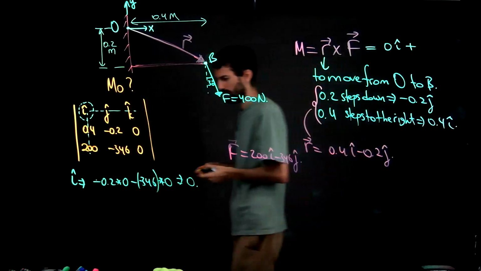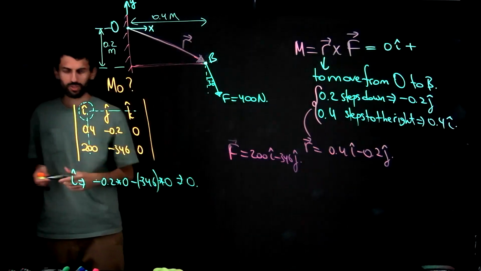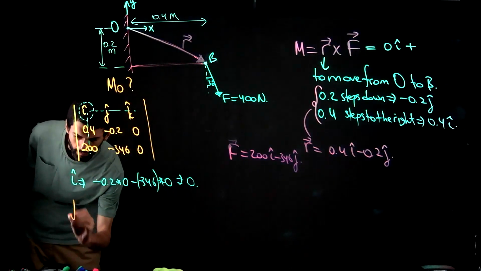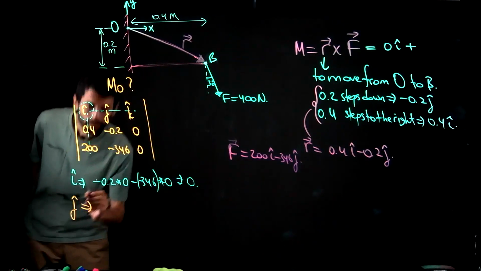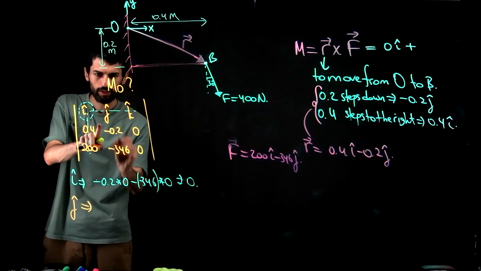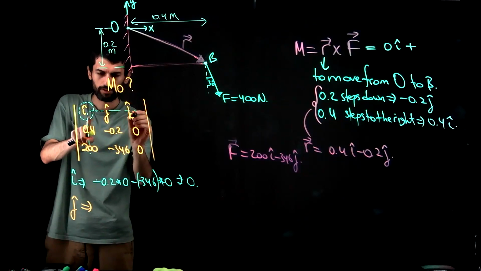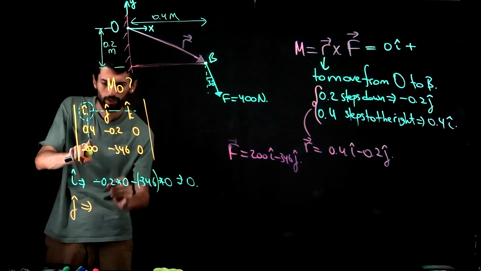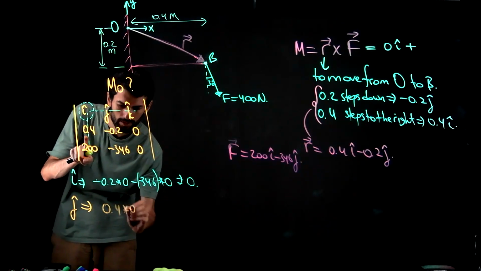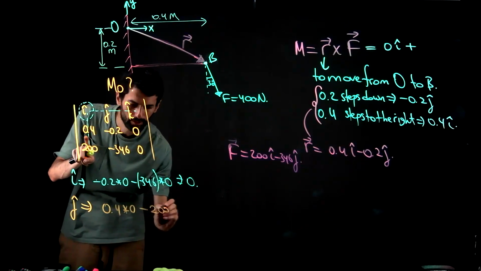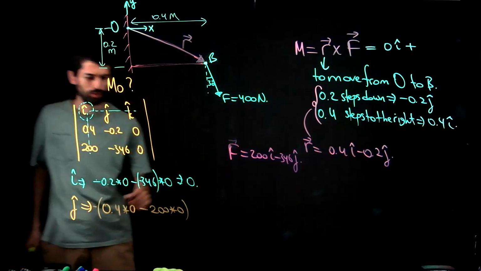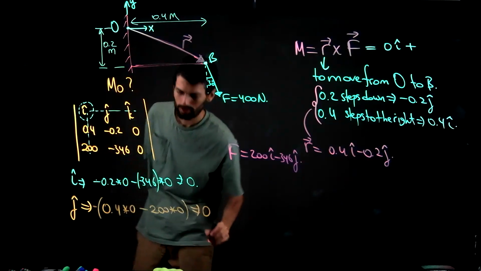Then comes the j component. Similarly, we erase this part and that part, so you have 0.4 times 0 minus 200 times 0, with the additional negative adjustment, so again it is 0.